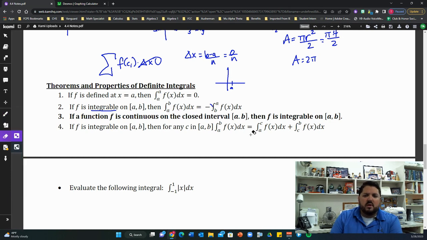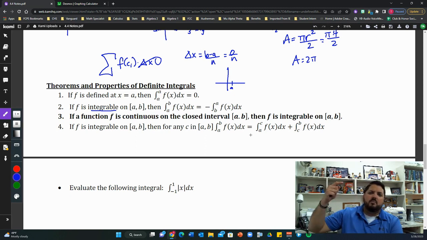Earlier in the video, I mentioned that when we set these definite integrals up, we always want to go from the small value to the big value. But there are all kinds of crazy things that can pop up, and sometimes, naturally, you will end up starting at a big number in the setup process. The way we fix that is using this property, and it should make sense.